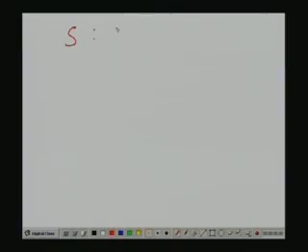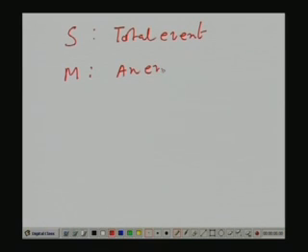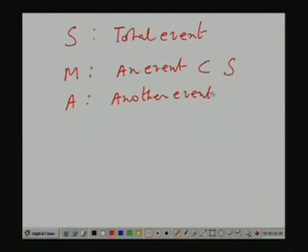Conditional probability means that suppose we are dealing with the total event S as before, that is, S is the total event, and M is an event, basically a subset of S, and A is another event, again a subset of S. First I give a definition, then we will come to its physical interpretation.